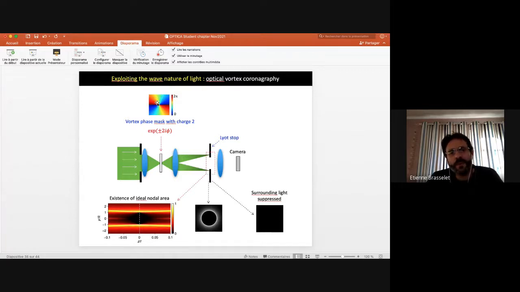The idea is that if you place, and this is a mathematical exercise that I propose to you right now, this vortex phase mask of charge 2, plus or minus charge 2, in a Fourier plane of a telescope, this phase mask is not obstructing photons, it is simply imparting a phase to the Airy spot in the focal plane of the telescope. The point is that an Airy spot multiplied by such a singular phase mask, after propagation down to the output exit pupil of the telescope, gives a redistribution of light nearby this plane like this.